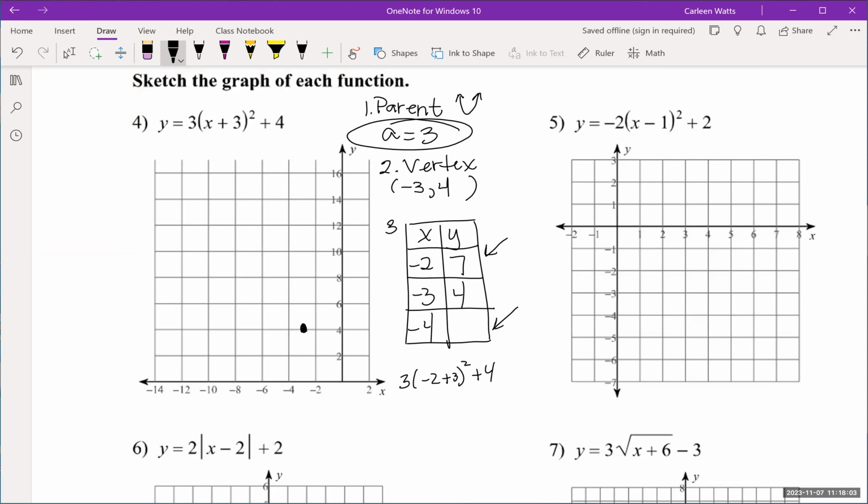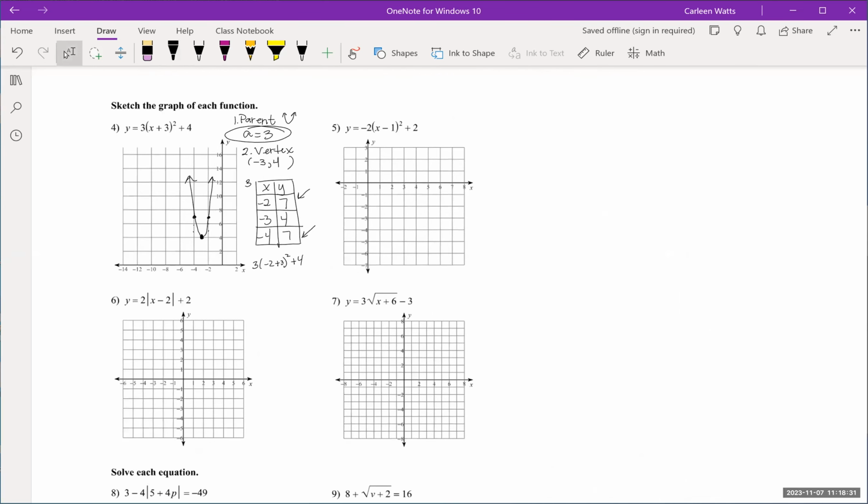Isn't that nice? Don't you love these problems? So over 1, 1, 2, 3. Sorry for the annoying graph. Yeah, parent graph, vertex, table, and A will help you with the table.